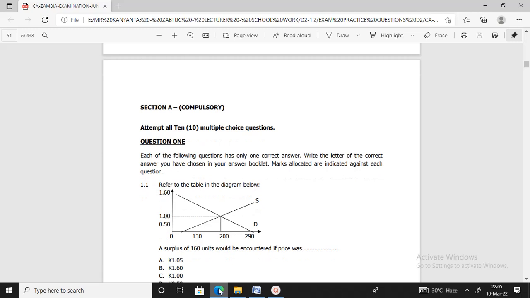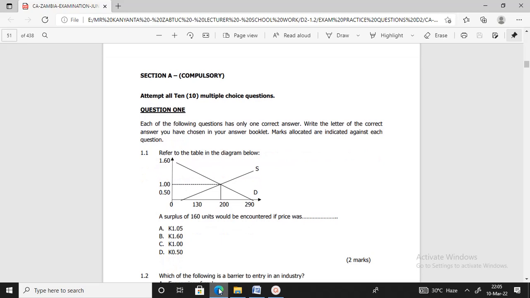Section A says refer to the table in the diagram below. We've seen that table, and the question is a surplus of 160 units would be encountered if the price was okay. Now, if we are to have a surplus, it simply means that supply is higher than demand.